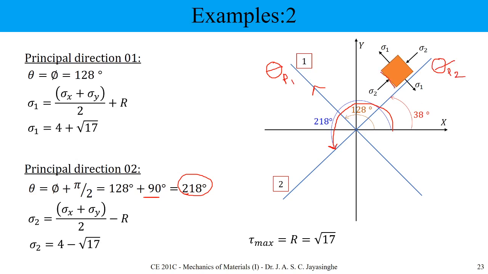Now you can draw your element in line with these things. This should be parallel to the second one, and this should be parallel to the first one, and these are the axis directions. This is the second plane in line with this one, so it is a compressive one.